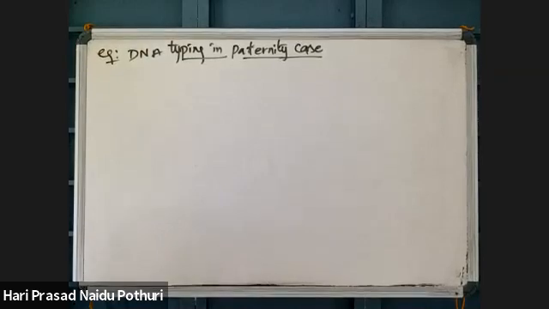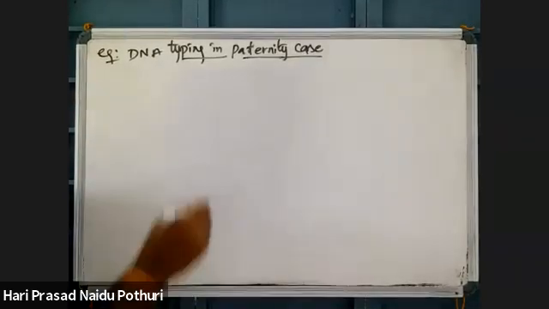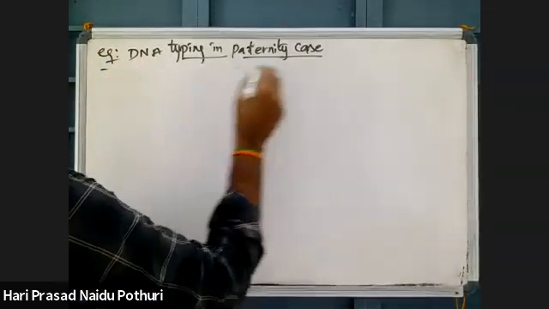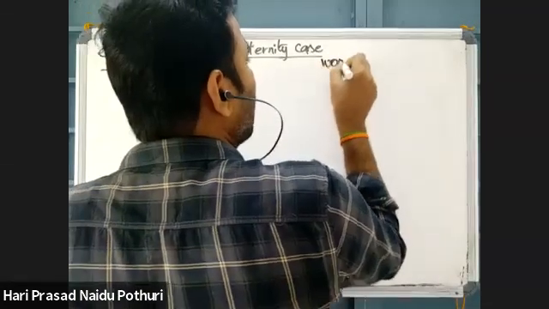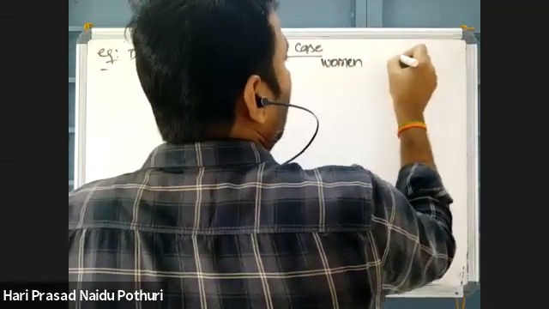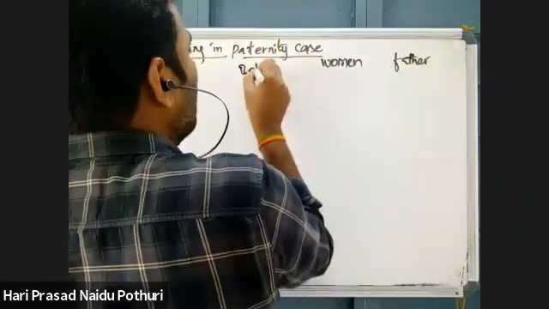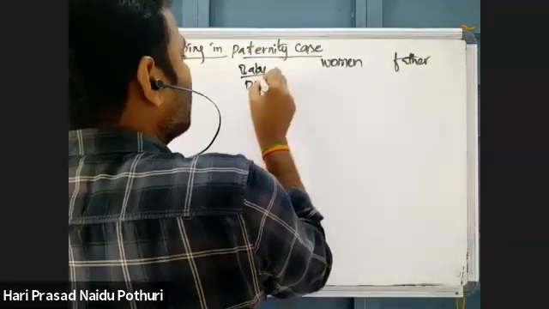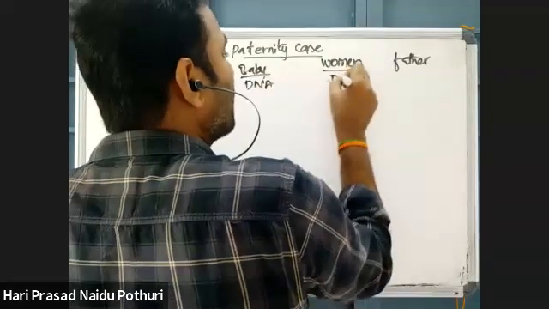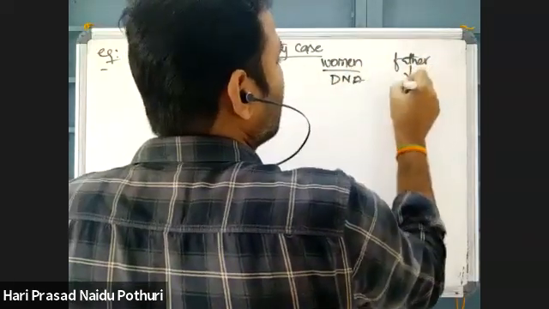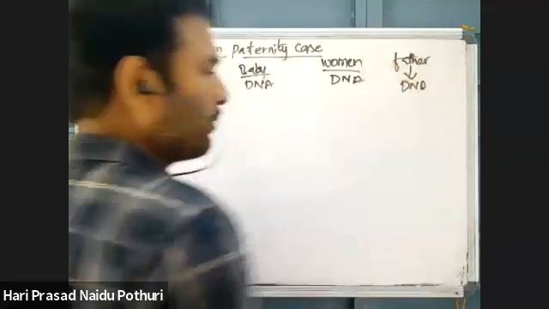Then what will they do? They will collect the DNA from three people: the woman, the man, and the baby. The three DNAs are collected separately and subjected to the entire protocol.